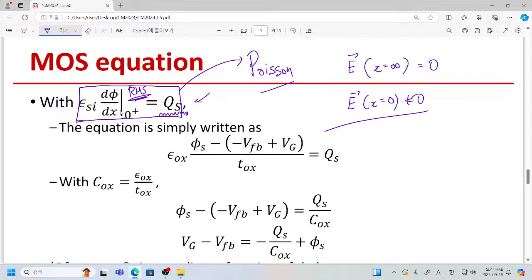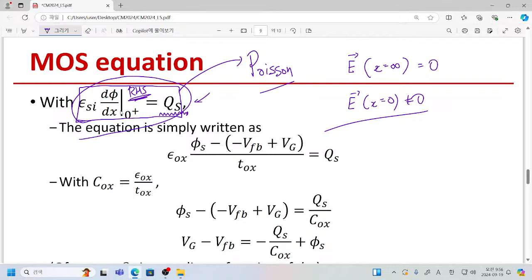When you rigorously integrate your Poisson equation without further approximation, you will get this relation. Please do it by yourself. Although it is quite straightforward and simple, please do it by yourself.